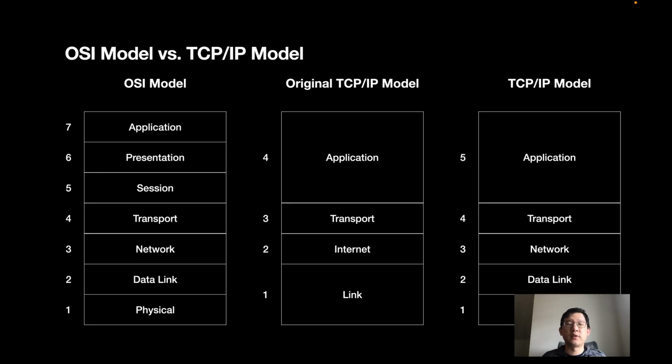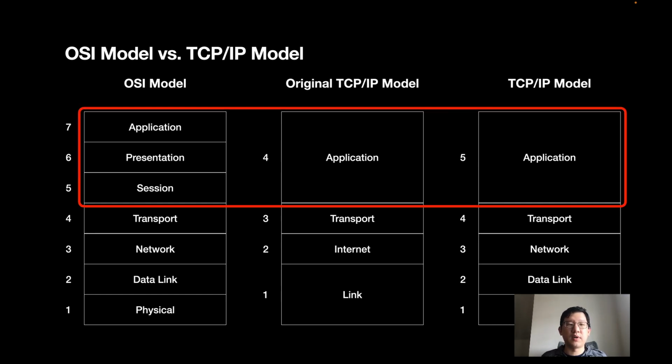Before we look at the session layer, let's take a quick look back at the OSI model versus the TCP/IP model. Now you may remember the OSI model contains 7 layers, while the TCP/IP model contains 4 or 5 layers depending on the version. Now a key difference between the two is at the top. Right? The OSI model contains 3 layers: session, presentation, and application, while the TCP/IP model collapses all into a single layer, application.